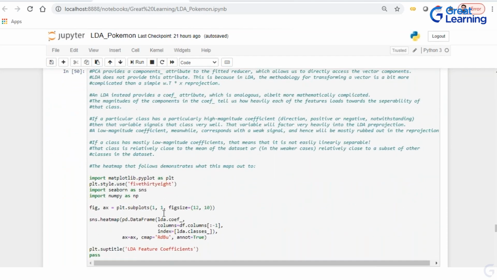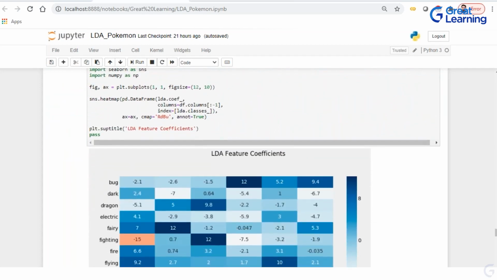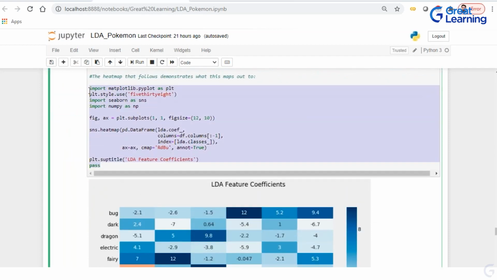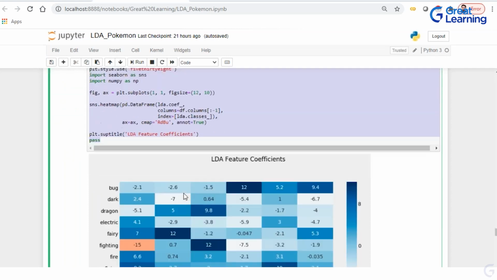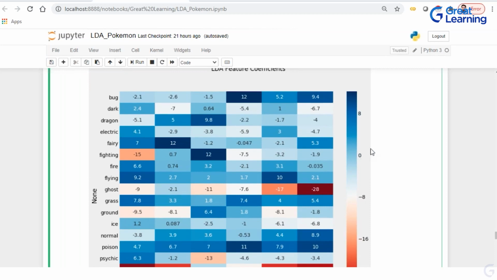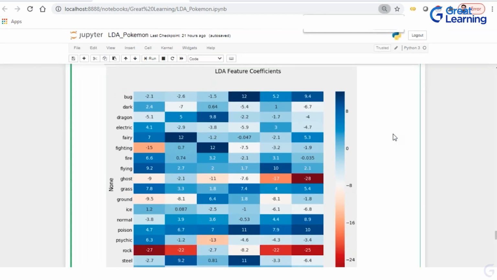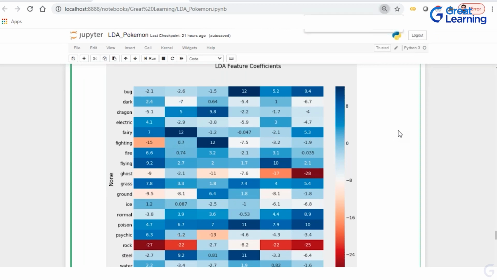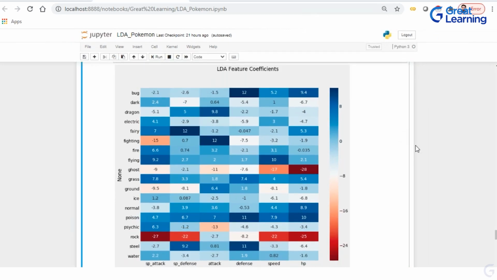Now, let me put you into a different kind of situation. I'm not getting into the code part of it, because that's very simple code to plot the feature coefficients. But this is the heat map: the LDA feature coefficients. I want you to spend a minute to look at the features you see at the bottom: SP attack, SP defense, attack, defense, speed, HP.